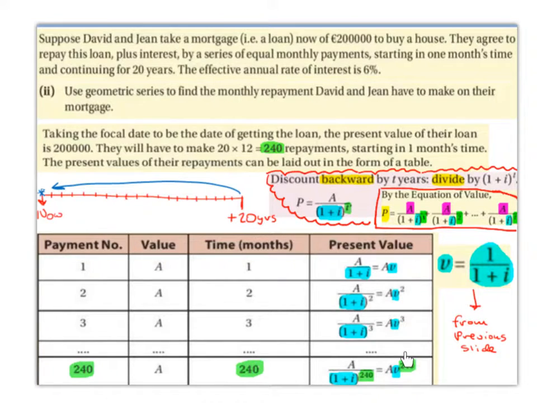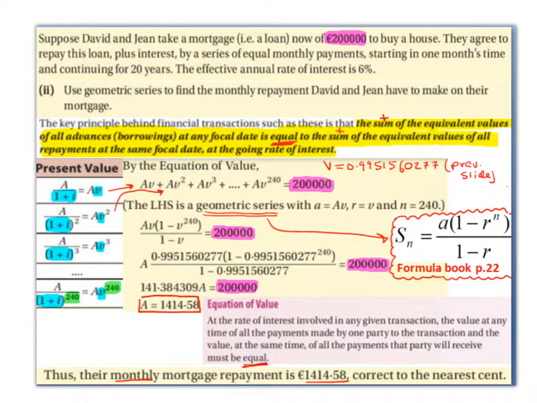So remember, for the equation of value, the key principle behind financial transactions such as these is that the sum of the equivalent values of all advances or borrowings at any focal date is equal to the sum of the equivalent values of all repayments at the same focal date at the going rate of interest.